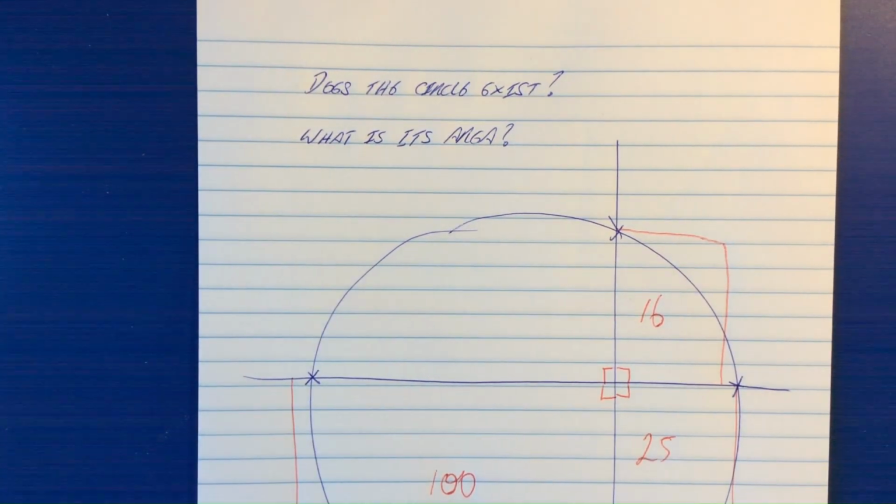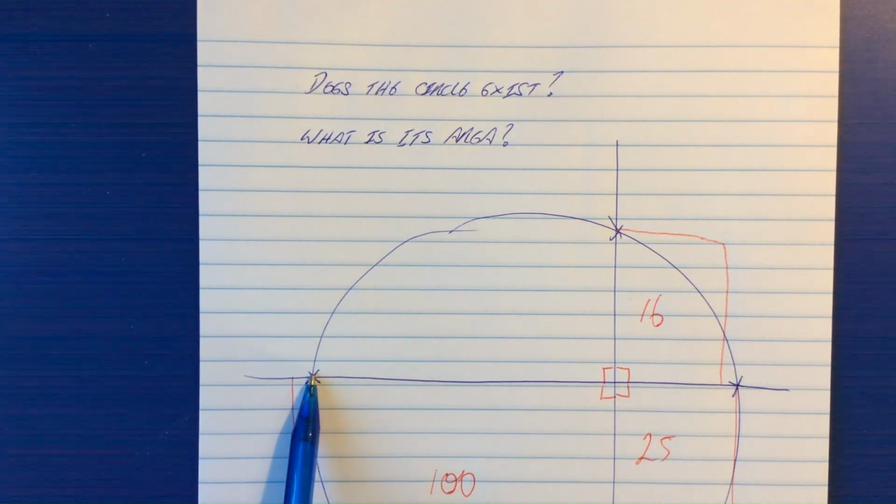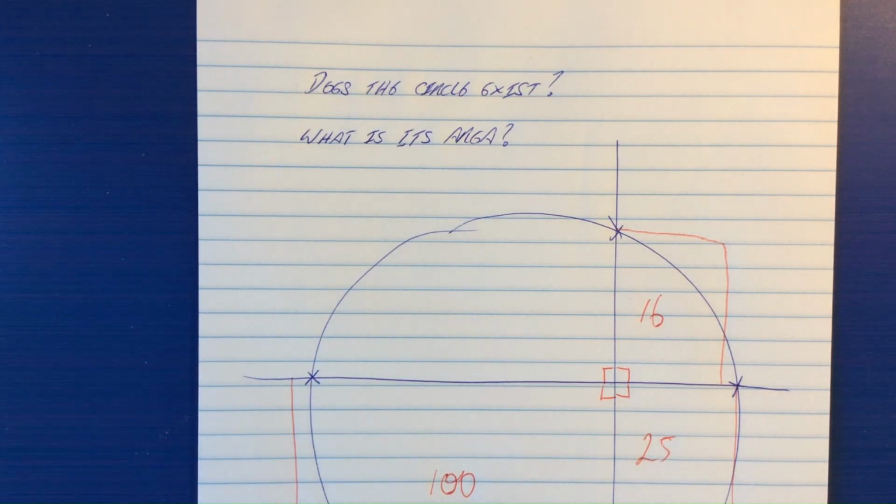Well, that comes back to a comment that was left by someone who said that my calculations for this segment of the chord here were correct, but that the circle could not exist. And that got me really, really curious.